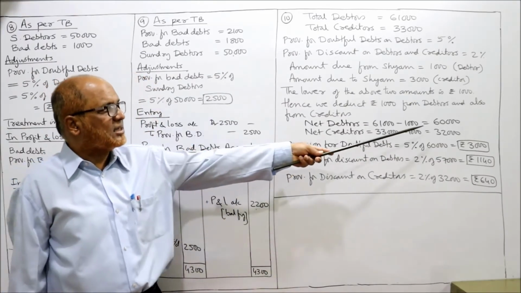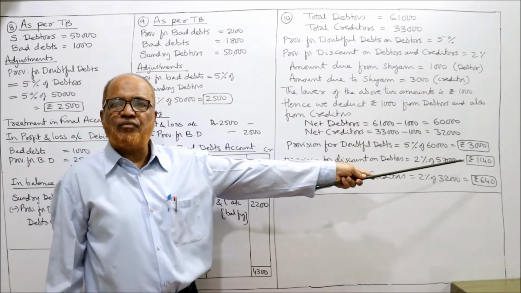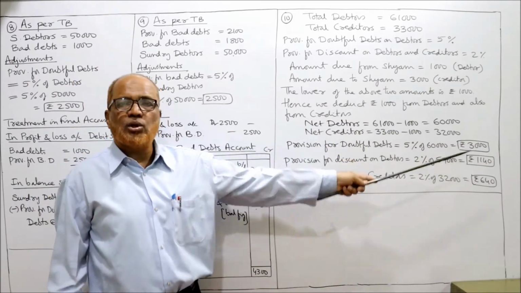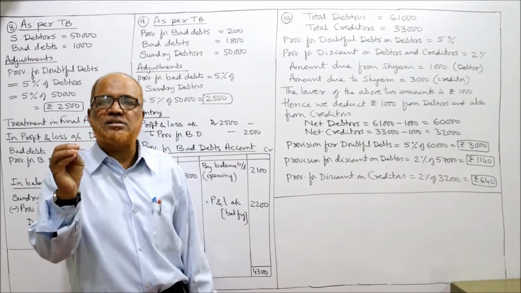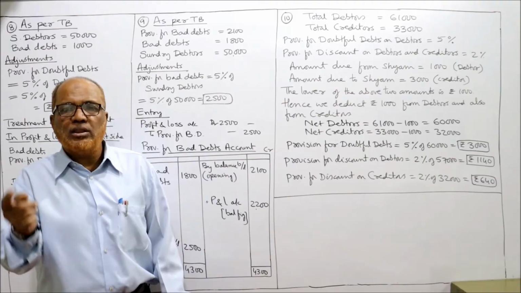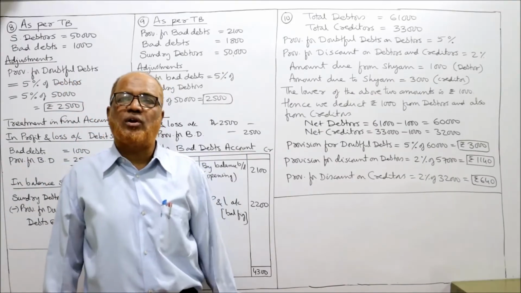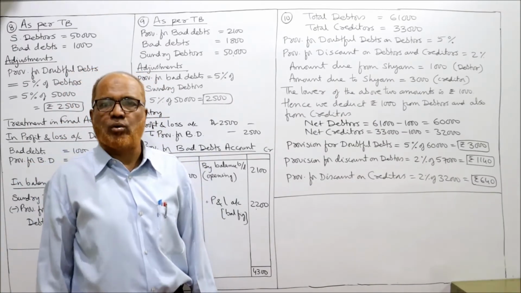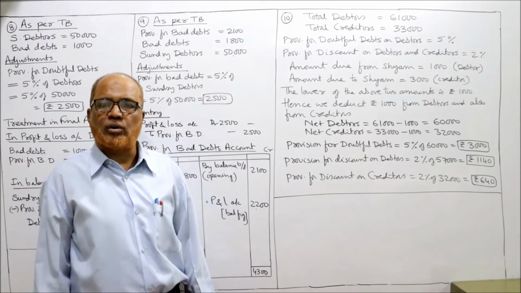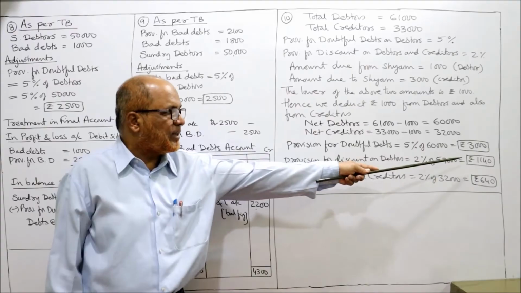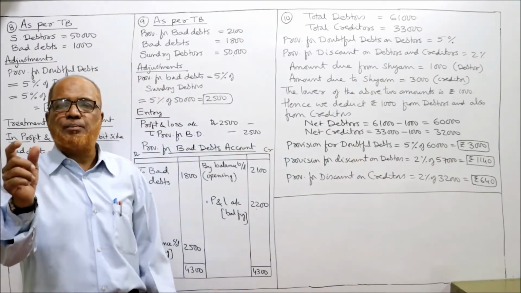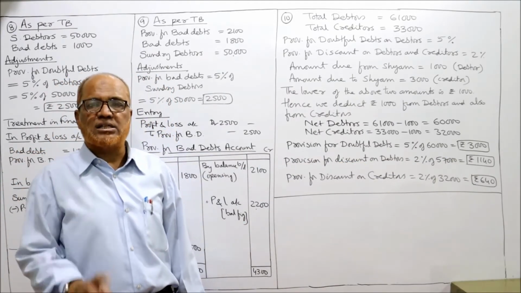Total debtors are 60,000. How much is the provision for doubtful debts? 3,000. So 60,000 minus 3,000, 57,000 rupees are the good debtors. On this 57,000 good debtors, we have to make a provision for discount at 2%. So 2% of 57,000 is 1,140. This is the provision for discount on debtors.